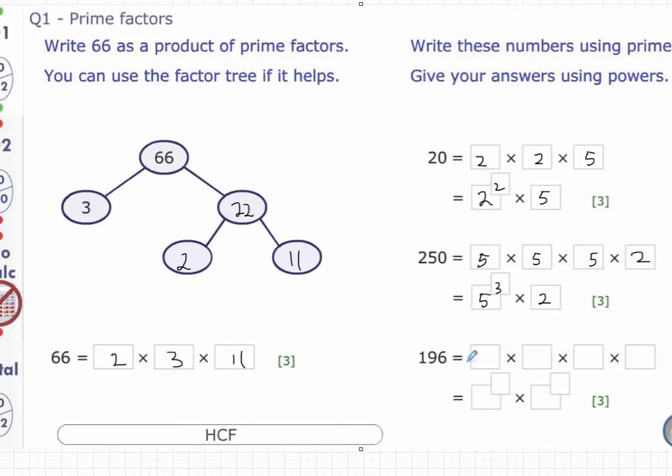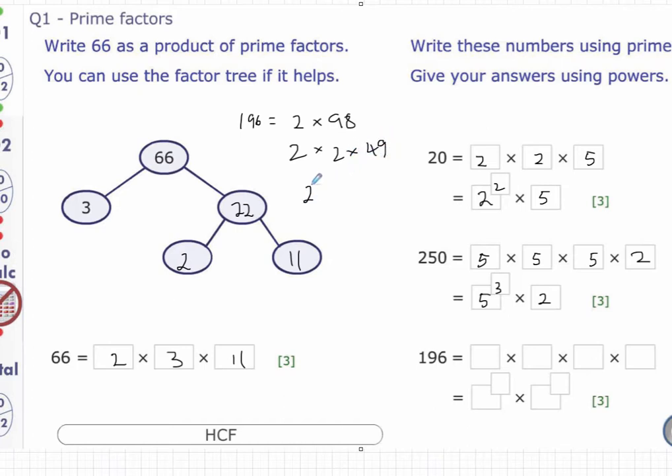196. Well, I'm going to do 196 up here. 196 is obviously 2 times, half of 196 is 98. And then 98 can be written as 2 times 49.